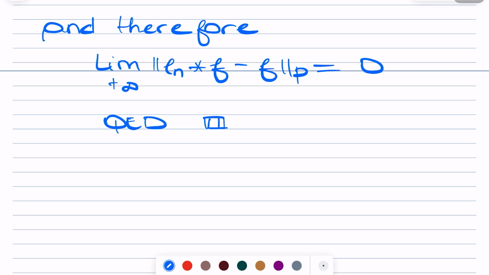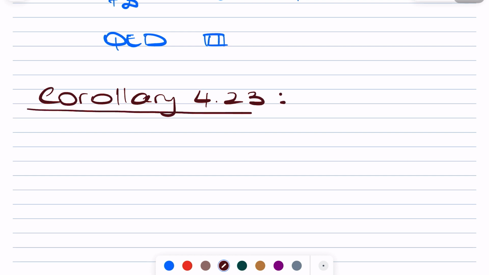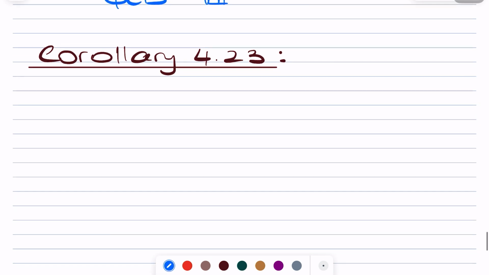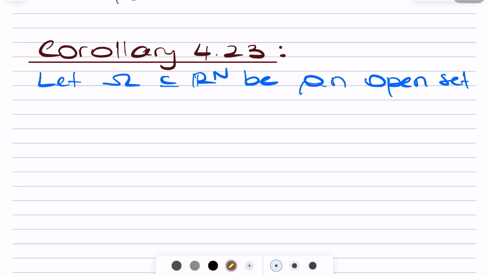Now let's characterize dense subsets of LP spaces. Corollary 4.23. Let omega included in Rn be an open set. Openness is important, crucial, I would say.